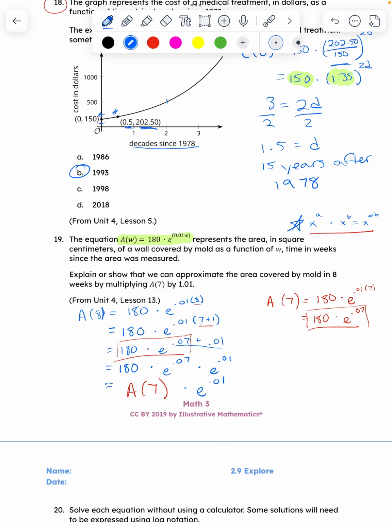And we know e to the 0.01 is about equal to 1.01.